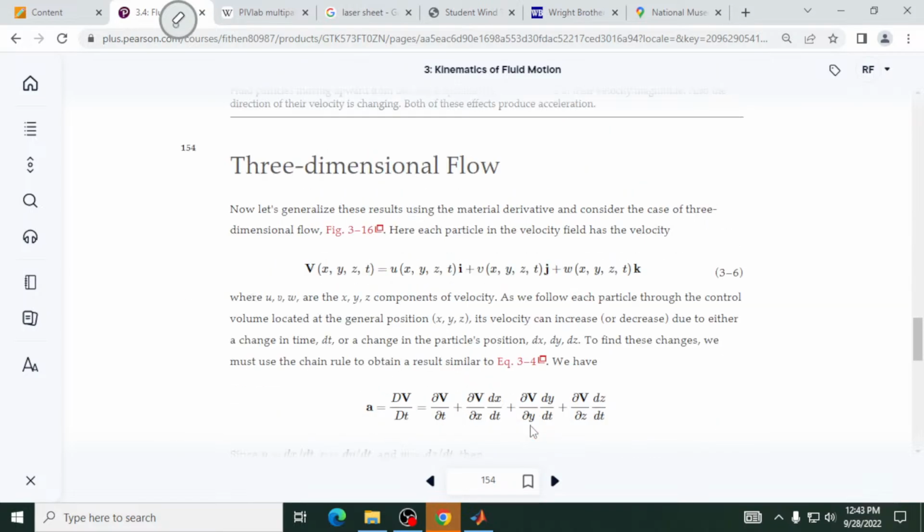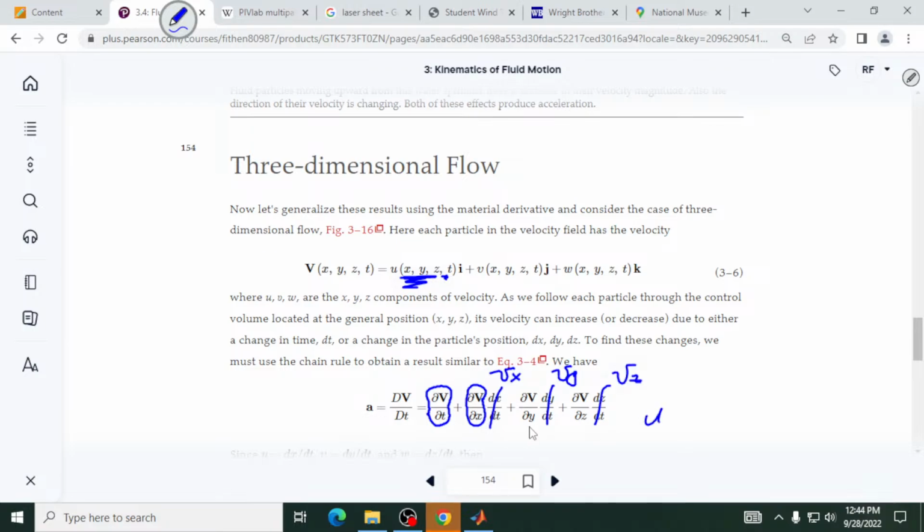And so then he goes into 3 dimensions, and actually 3-dimensional flow, of course, has three physical dimensions and time. And so your acceleration has a change that is associated with the change in time, the change which is associated with the change in the velocity with respect to x, and this will be the velocity in the x, this will be the velocity in the y, and this will be the velocity in the z.